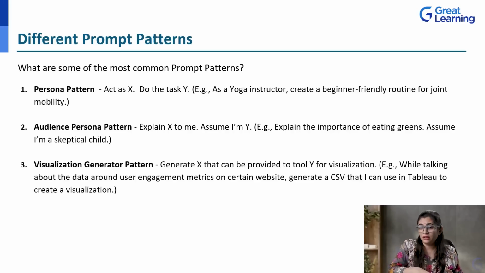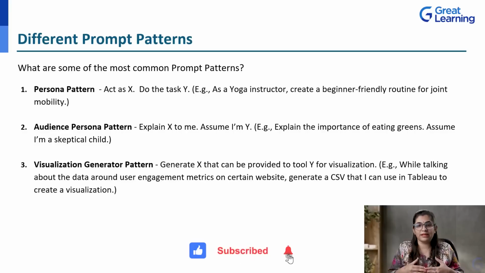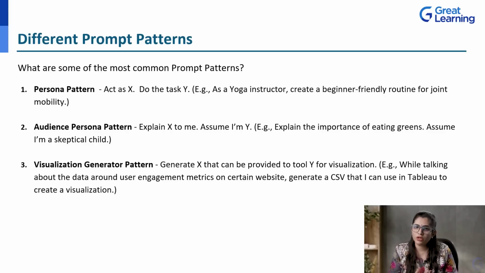It can generate data in tabular format. It can generate CSVs that you can download and provide to your tool for visualization, data analysis tasks, modeling, machine learning tasks, anything. So these are the first three prompt patterns: persona pattern, audience persona pattern, and visualization generator pattern.